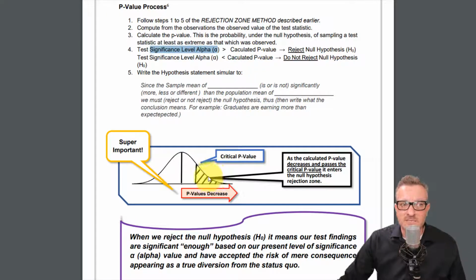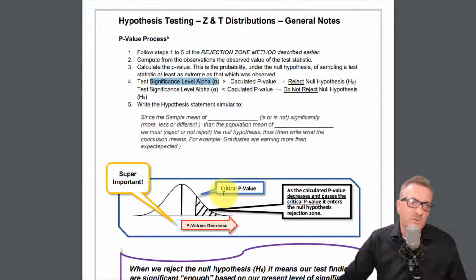What that means is our calculated p-value is actually in the rejection zone area, and we're going to reject. So it says reject the null hypothesis. If the significance level alpha is, let's say, 0.05, same thing, and the calculated p-value is actually larger than our significance level, it means it's not in the rejection zone, and we do not reject the null hypothesis.